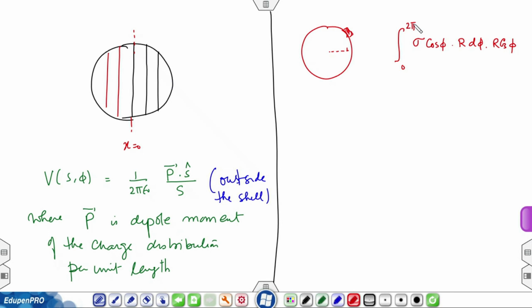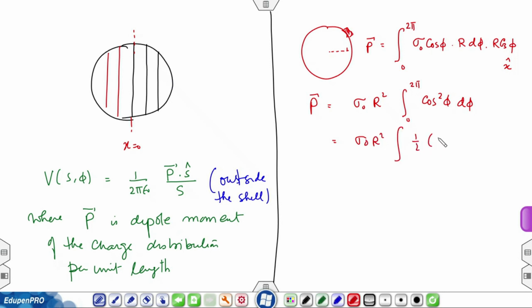That is the answer for the dipole moment per unit length, and this is going to be in x direction by symmetry. So, P comes out to be sigma naught r square, integration 0 to 2 pi cosine square phi d phi, which is sigma naught r square 1 half 1 plus cos 2 phi d phi 0 to 2 pi, which is pi sigma naught r square.